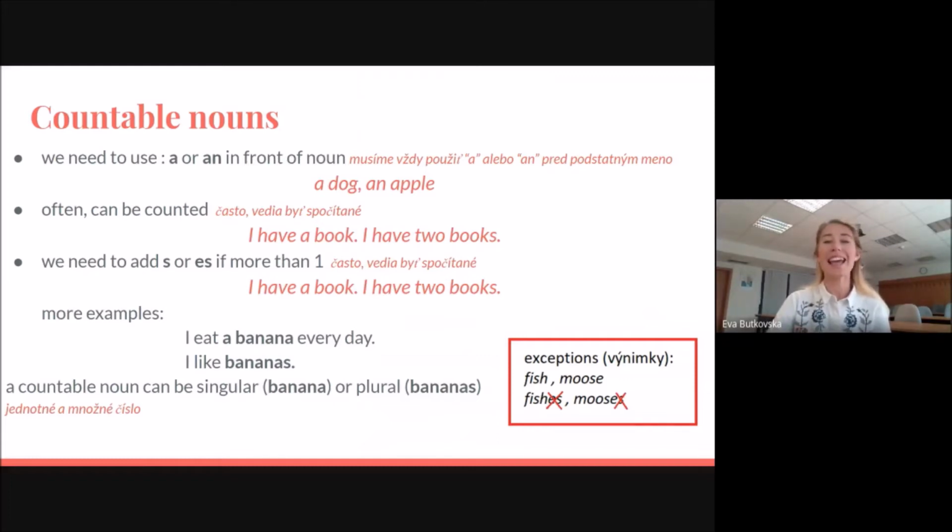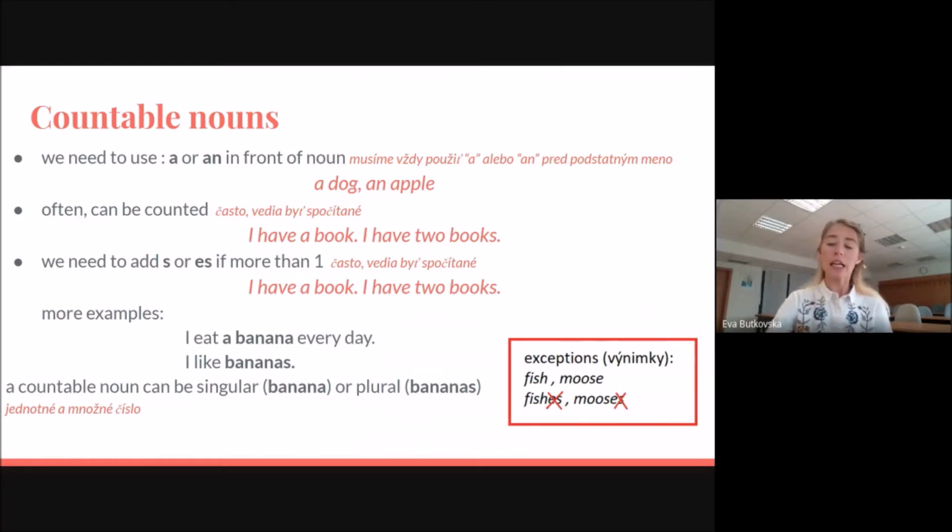So I cannot say fishes. So that's the exception that you need to learn. So 1 fish, 2 fish, 3 fish, or multiple fish. The same rule applies for the word moose. So there is only moose. There is never mooses. Remember that.